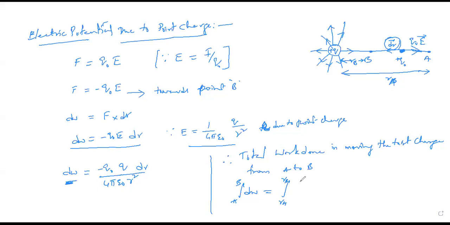So what is our expression now? Here we have minus 1 by 4 pi epsilon naught, and what is left over is Q into Q naught by R square. Correct.